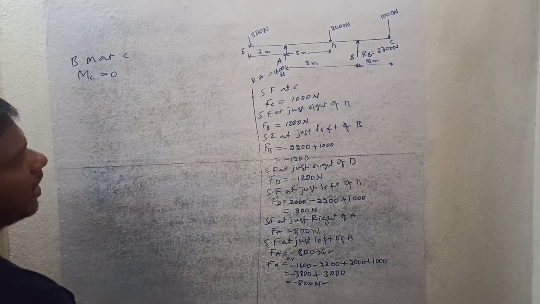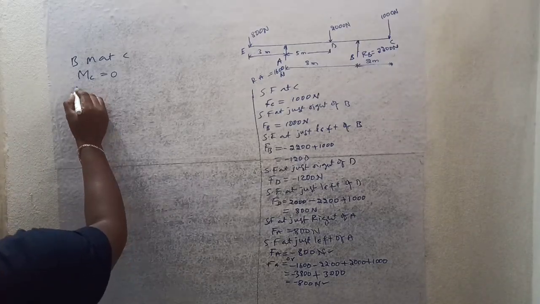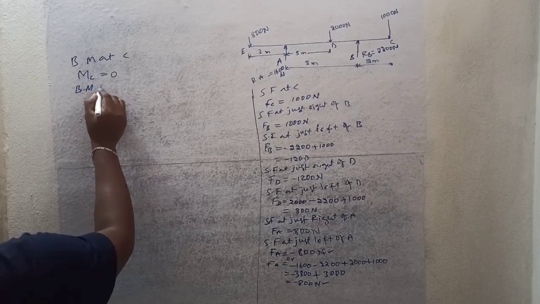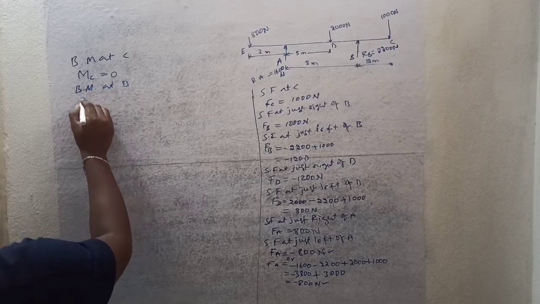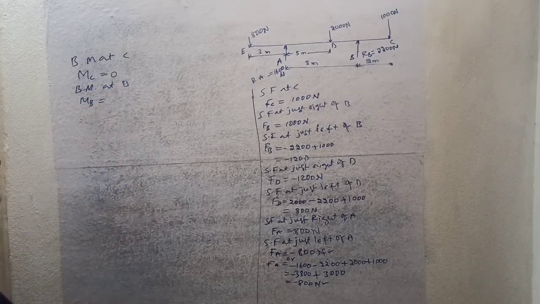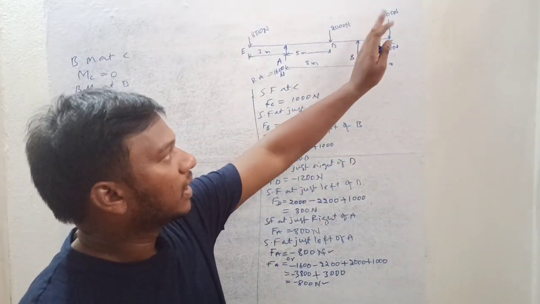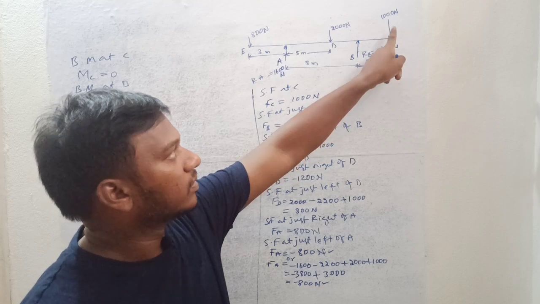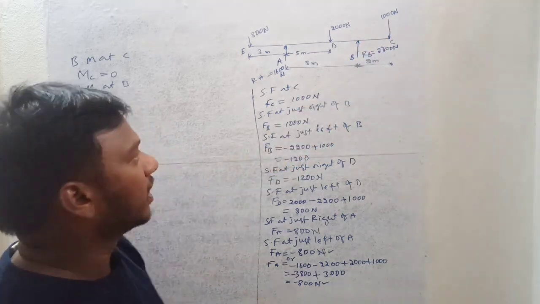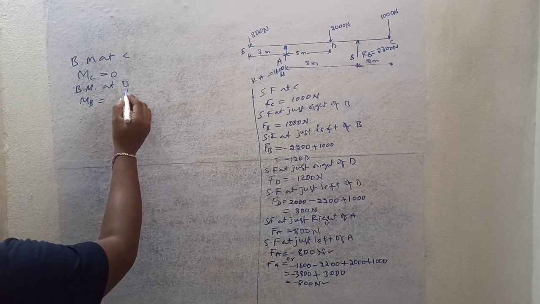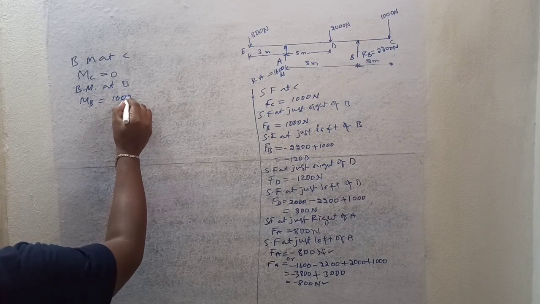And next, what is the bending moment at B? Bending moment at B, M suffix B equal to, so due to this force, if I take cross section at B and right of the cross section, due to this load bending moment will be there, that is equal to 1000 force into distance.